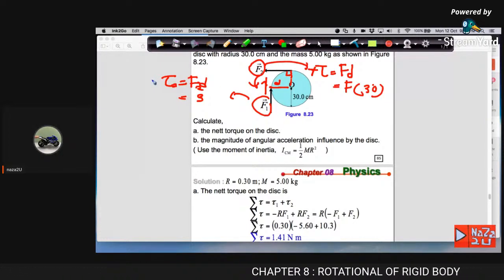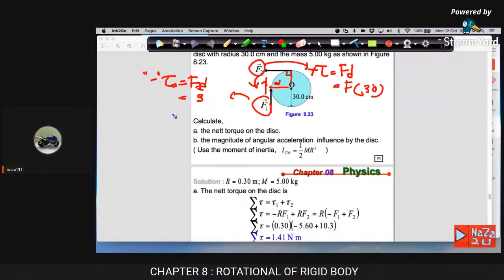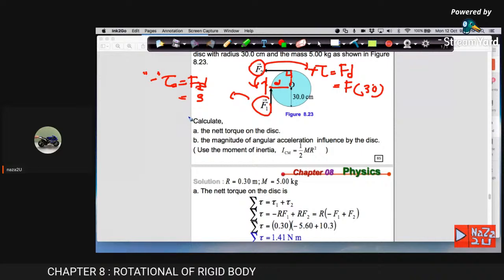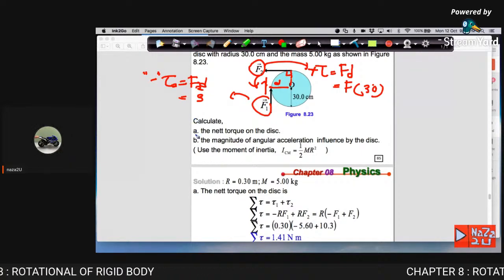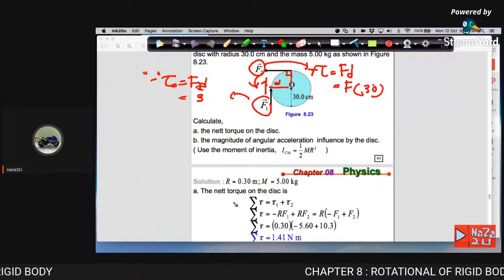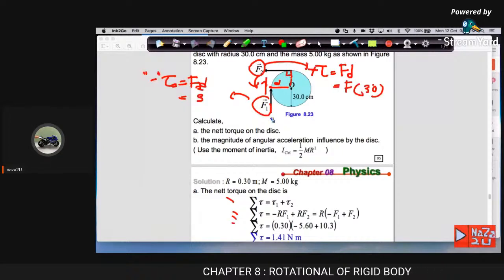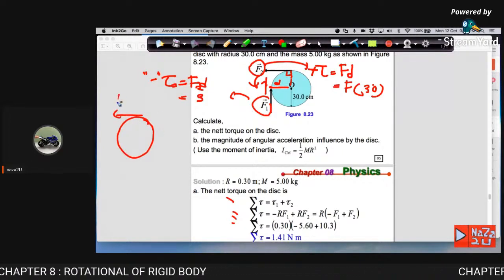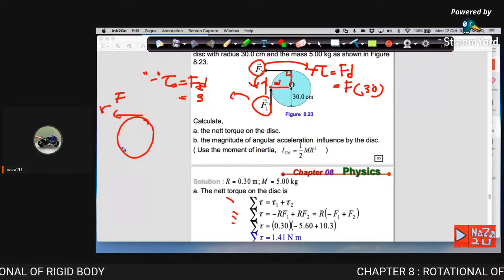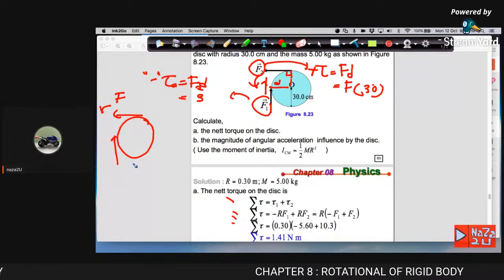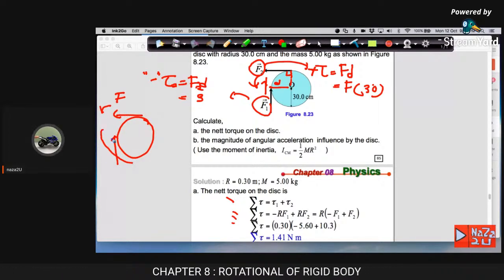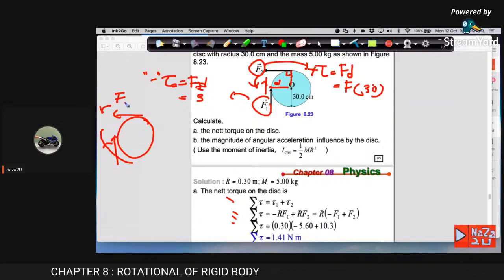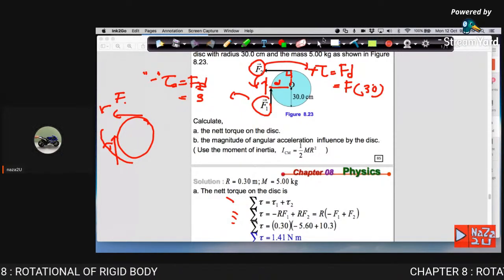So yang ni kita akan rujuk kepada negative torque. Okay kelas, nanti pengiraan ni kamu boleh tengok lah. Cuma saya nak gambarkan kat sini. Kalau kita ada satu jasad, satu dia akan pusingkan clockwise. Kalau kita tolak ke sana, dia akan pusingkan anti-clockwise. Yang ni positive torque, yang ni negative torque.